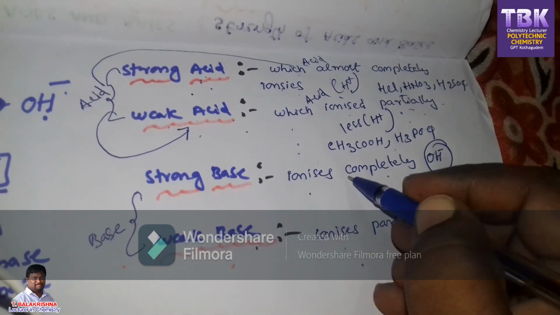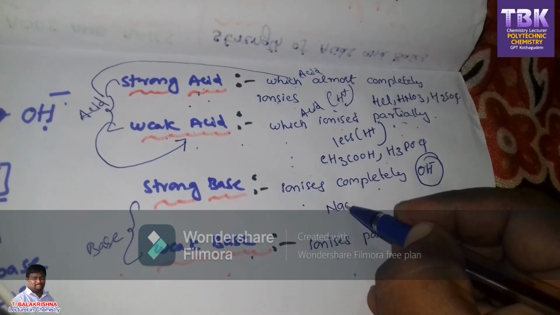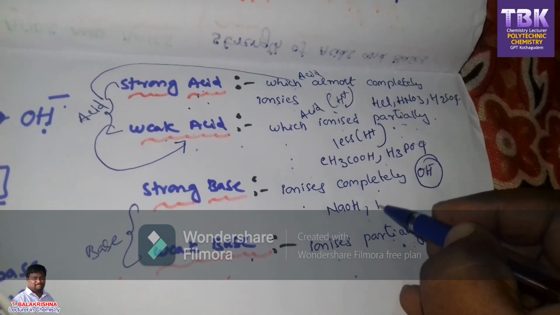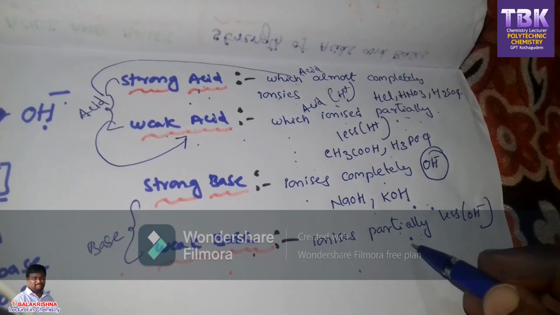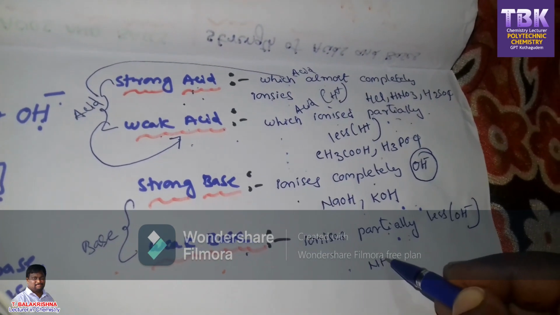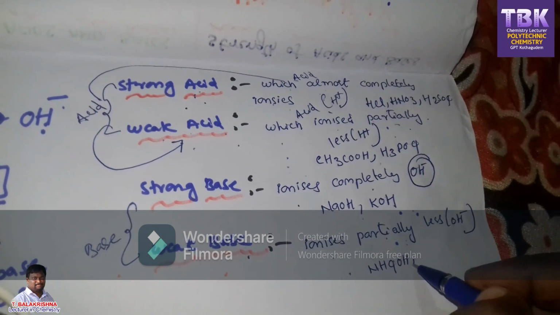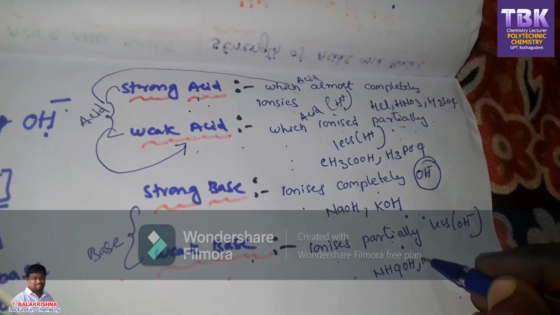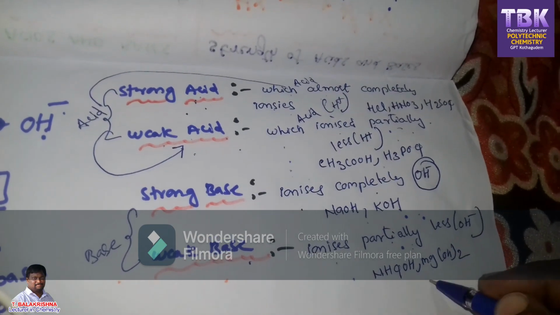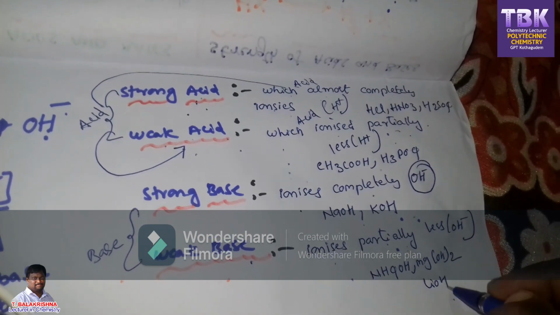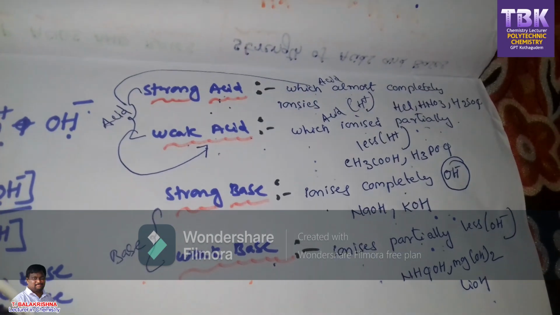Examples for strong bases: sodium hydroxide and potassium hydroxide. Examples for weak bases: ammonium hydroxide, magnesium hydroxide and lithium hydroxide. Okay, is it clear?